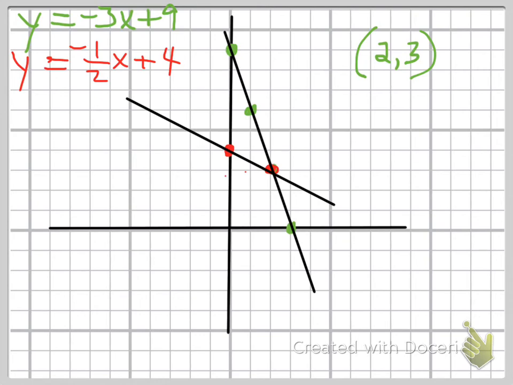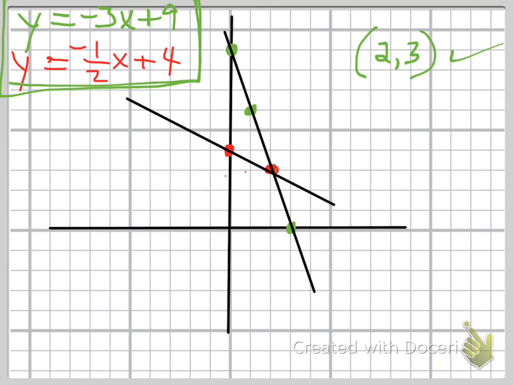You have to go back to your original equation, because if you made a mistake putting your lines into slope-intercept form, this solution would check out in your mistake, because that's the lines you crafted. So you always go back to your original equation to make sure you didn't make a mistake either graphing it or solving for y.